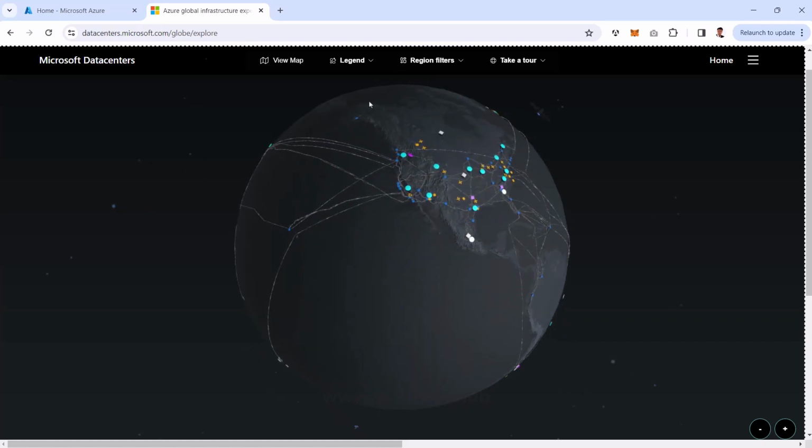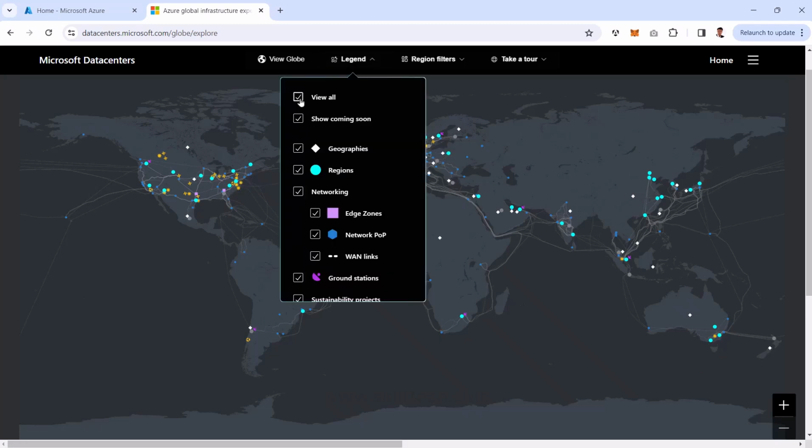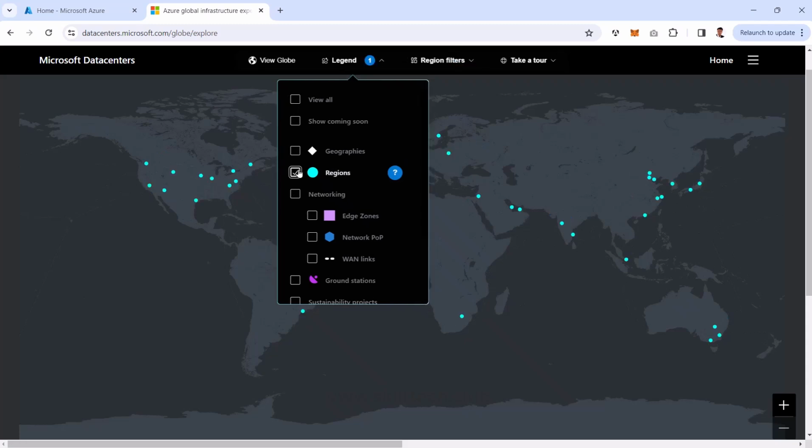Now for your information, let me switch back to the map mode. I do not like globe. This is a world map where I can see different dots. Let me get rid of most of them so that you understand the important terminologies right now.